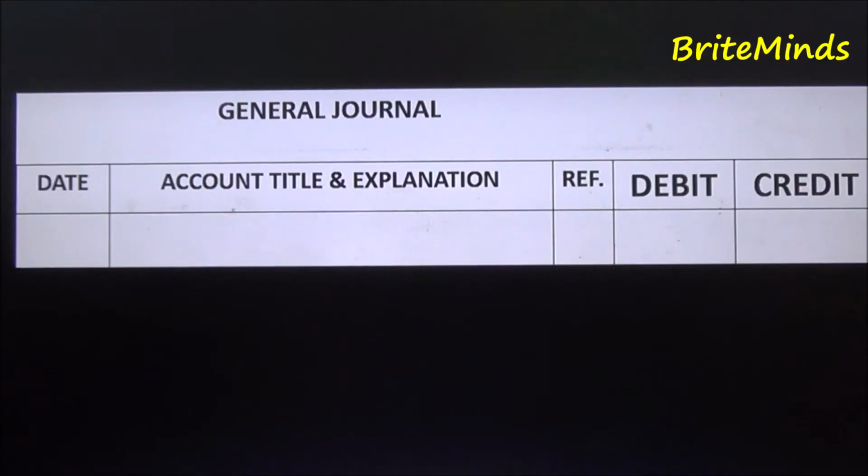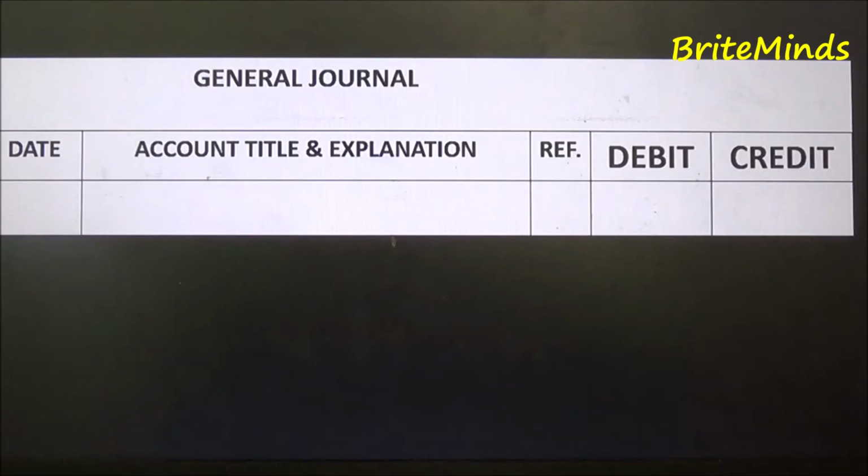I have here the general journal, which shows the column for the debit side, which is the left side, and the column for the credit, which is on the right side. This is how it will look in the bookkeeping record. As I have said, the modern bookkeeping method is the double entry system.